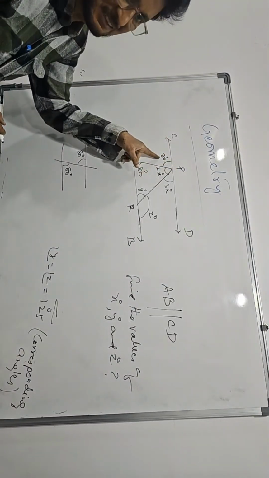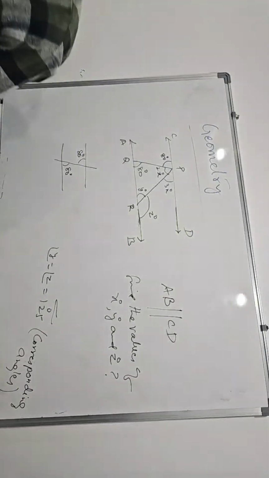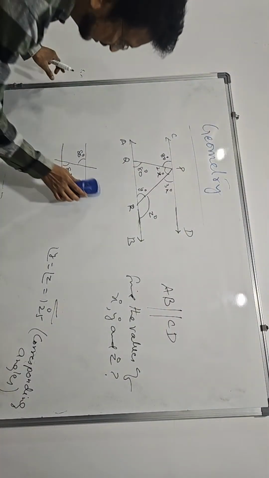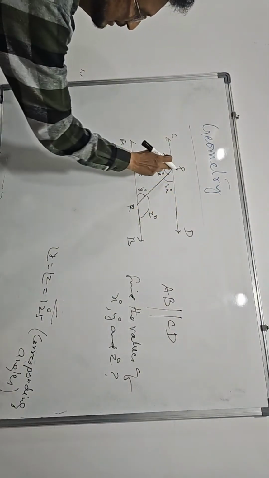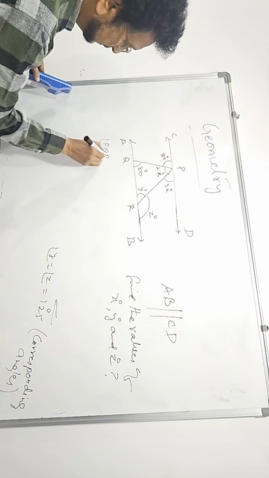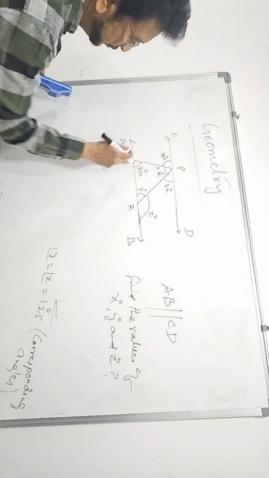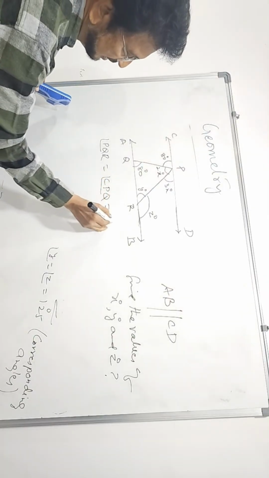CPQ angle this is. And this angle is PQR. That only we shall write now. Since AB is parallel to CD, this angle PQR means 80 degree is equal to CPQ. Both angles are equal to 80 degree.